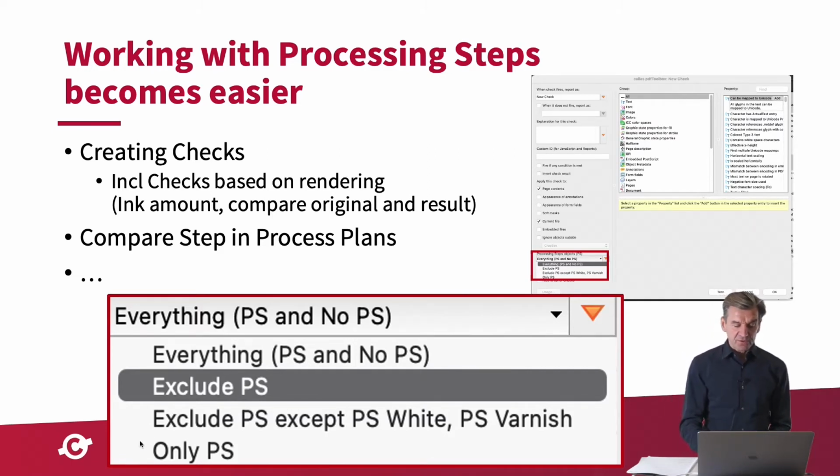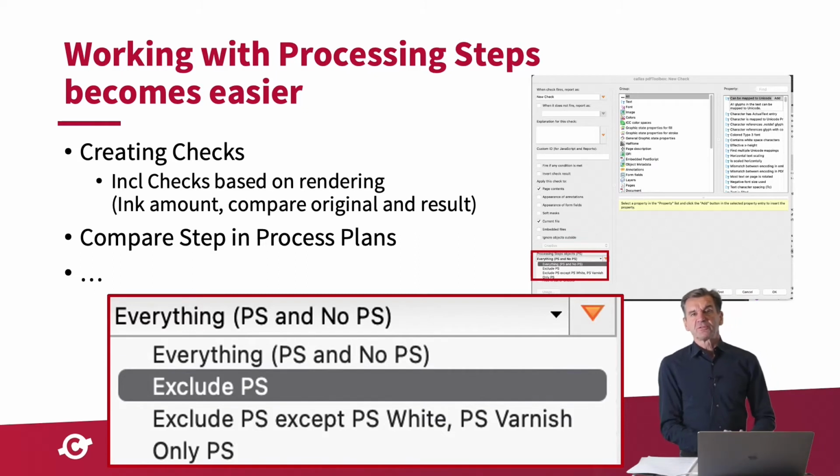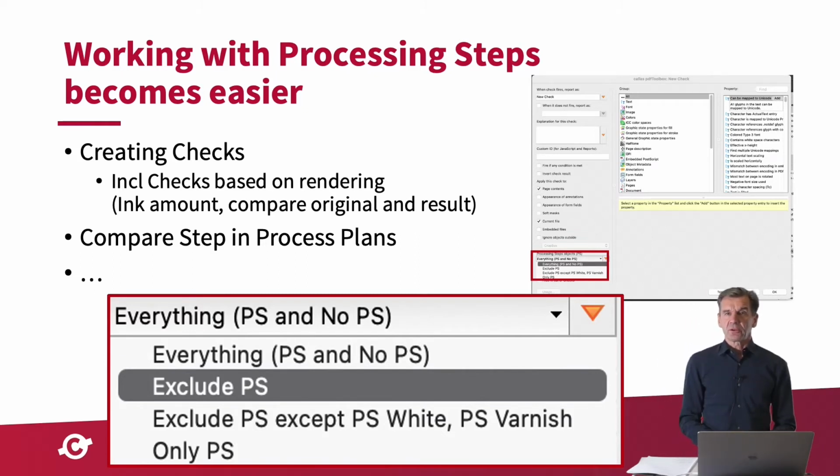And you could also say, apply this check only to processing steps. That will also work for all the checks internally based on rendering. That wasn't possible before, so you couldn't do that in pdfToolbox 12, but you can in 13.